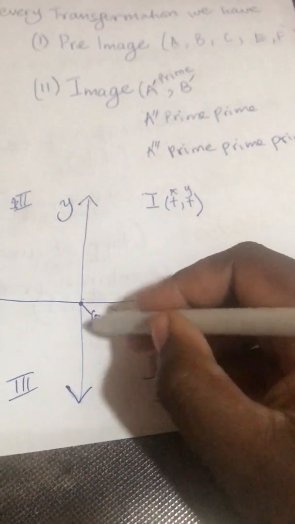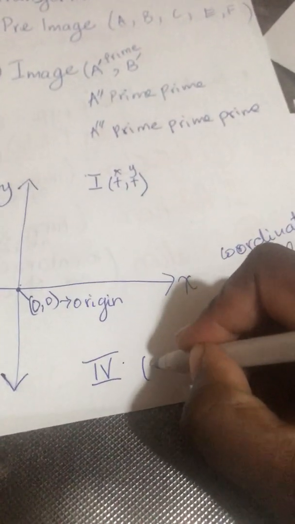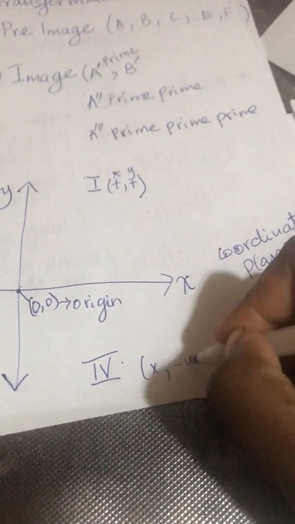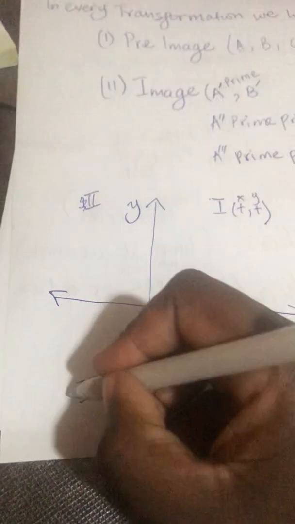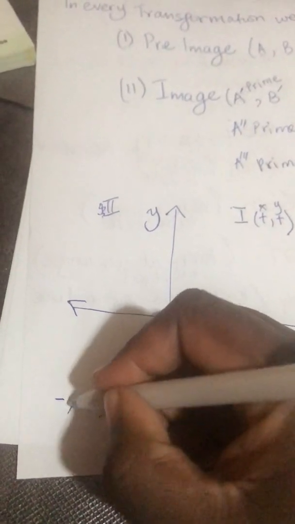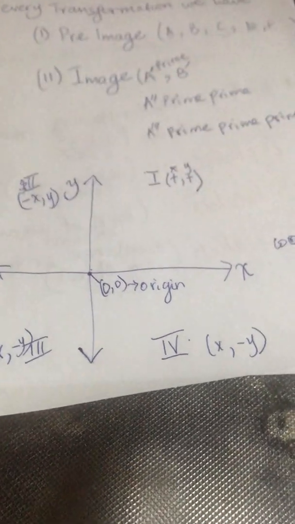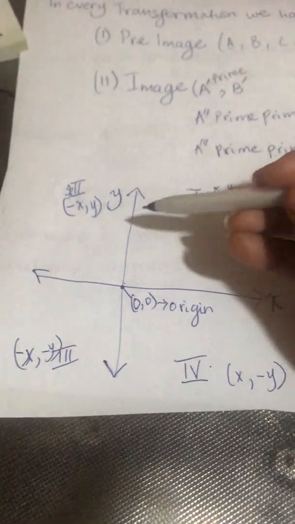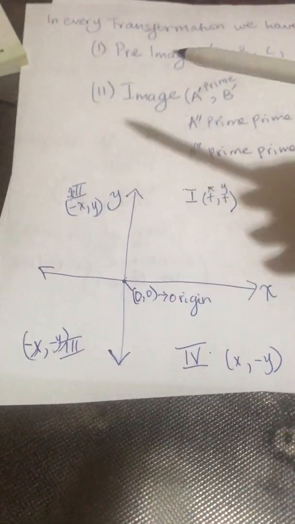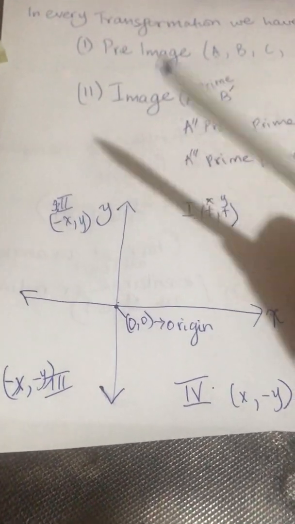Here, x is positive, y is negative. Like that. Here, both x and y are negative. Here, x is negative and y is positive. Okay? So when you remember this, you will know how to plot correctly.